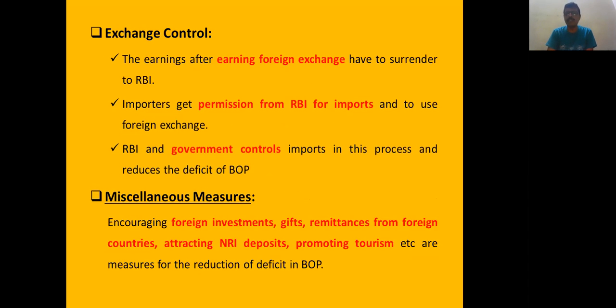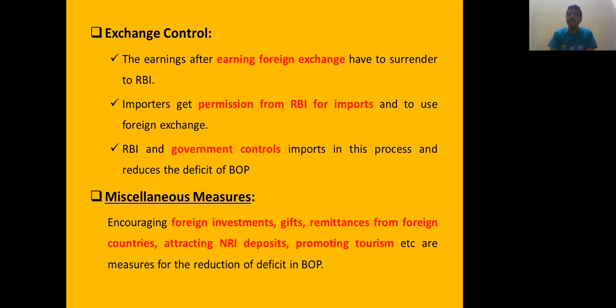Exchange controls. Here, every time the country has to earn foreign exchange. Second thing is, it must reduce the imports, and the RBI must take steps in order to reduce the imports, but not the import of capital goods.